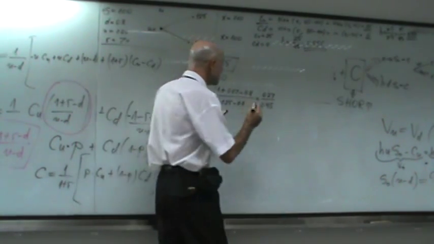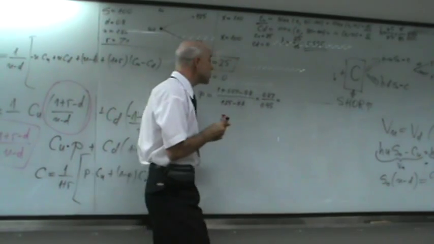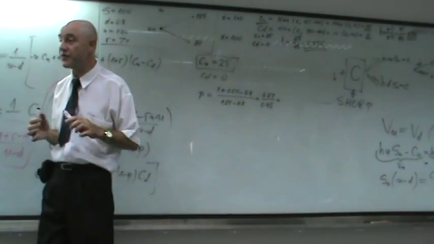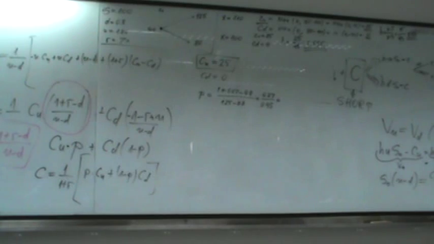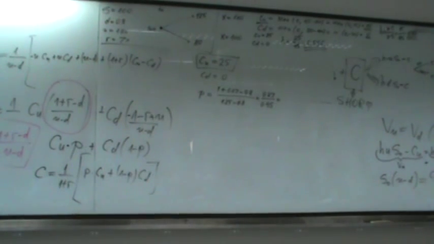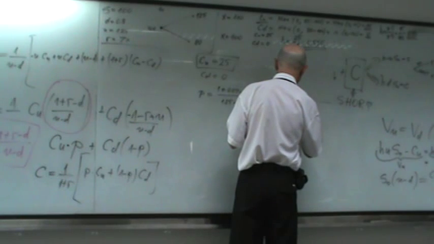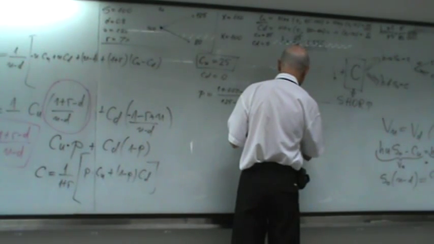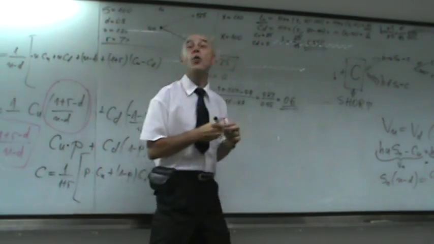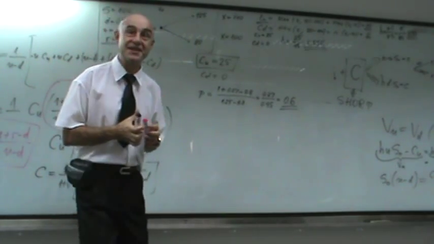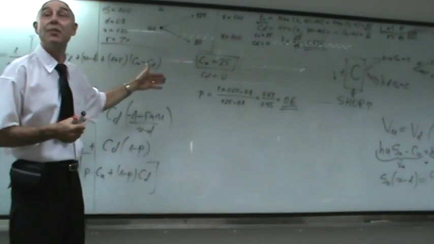So, anyone with a calculator, 0.27 divided by 0.45? 0.6.